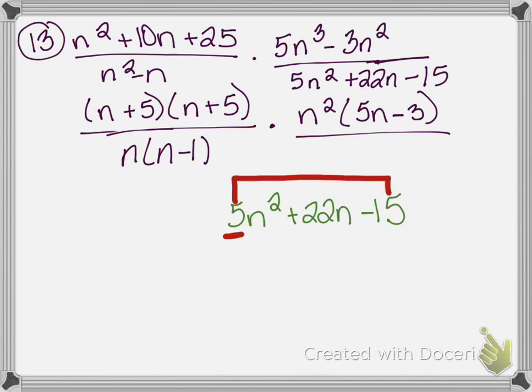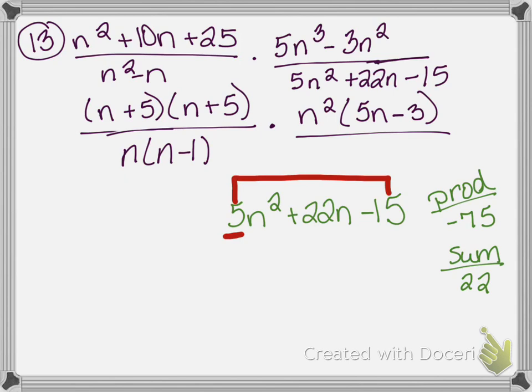So 5 times negative 15 is our product. So our product is negative 75. And our sum is positive 22. So I'm looking for two numbers multiplied together, give me negative 75, and added together, give me 22.